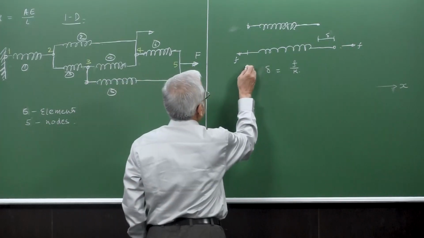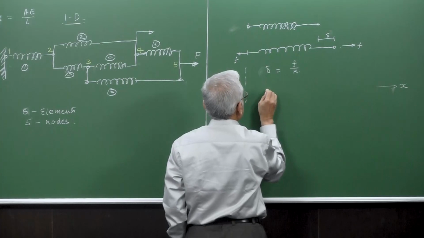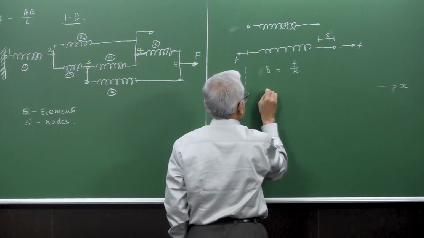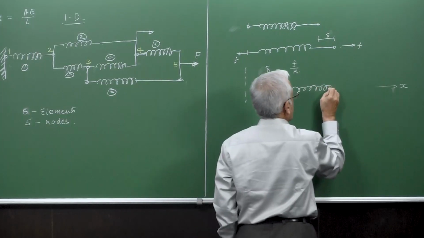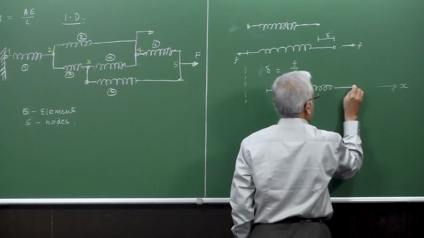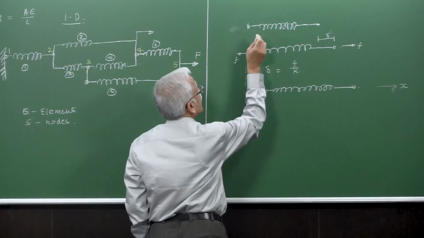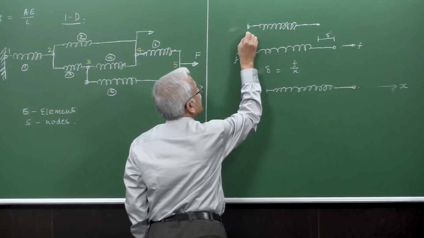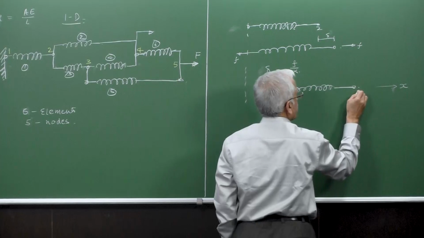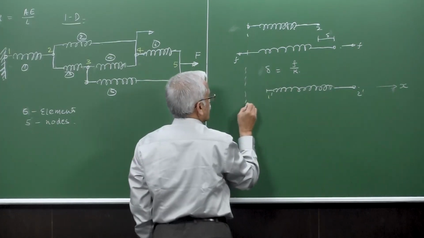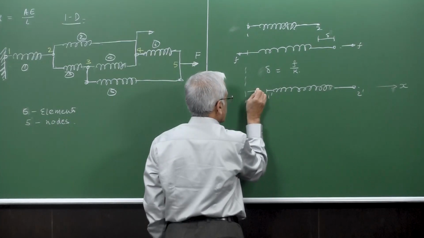For example, here, this is the original state, and here it has moved. So this is point 1 and this is point 2. Point 1 has gone to 1 prime and 2 has gone to 2 prime. What we are going to represent is the force.